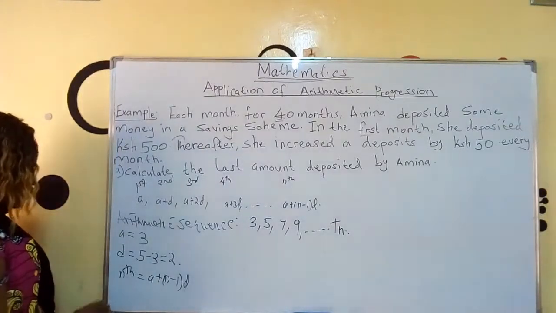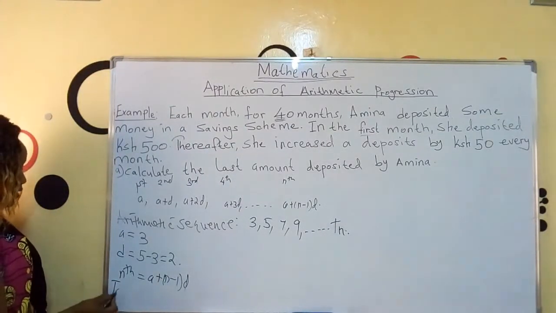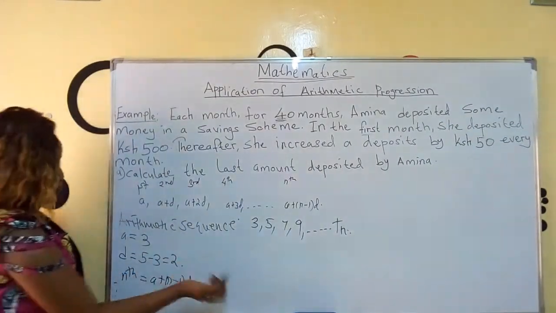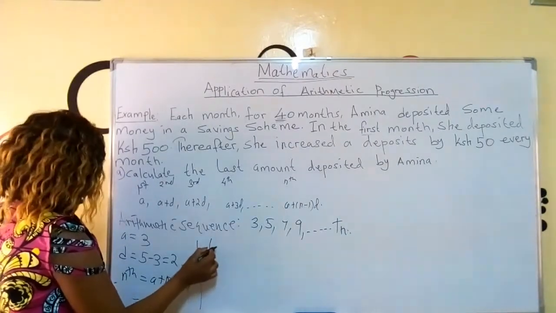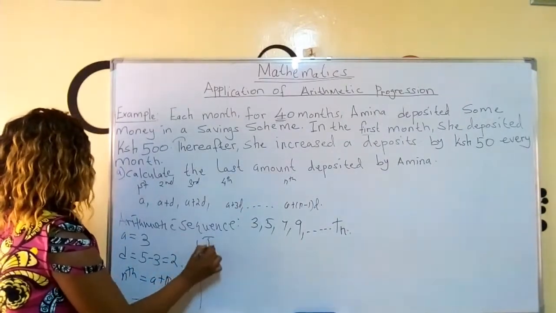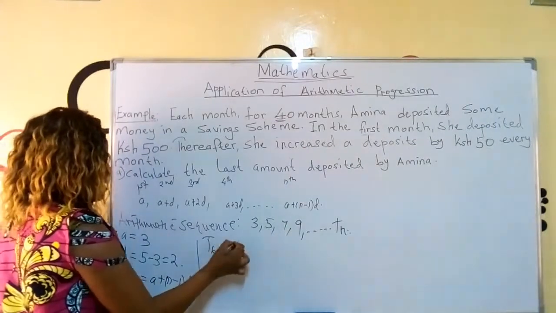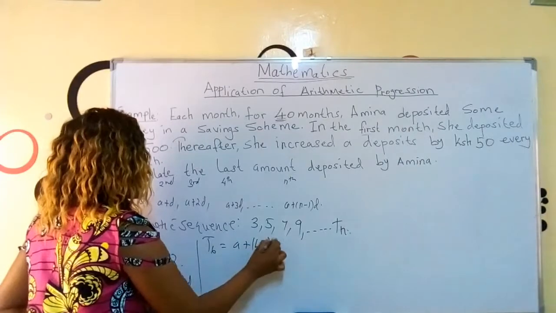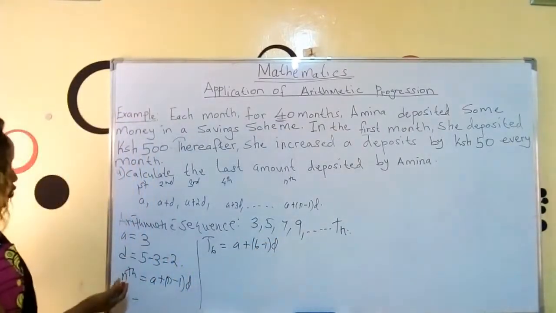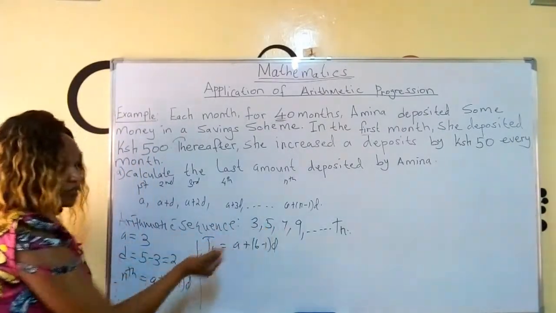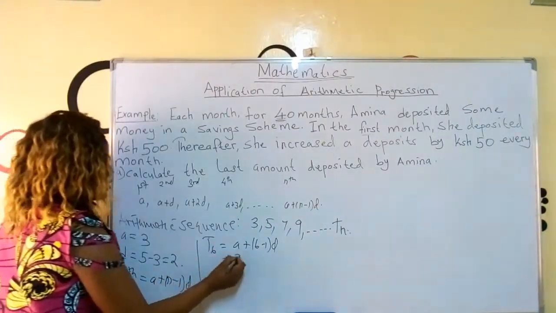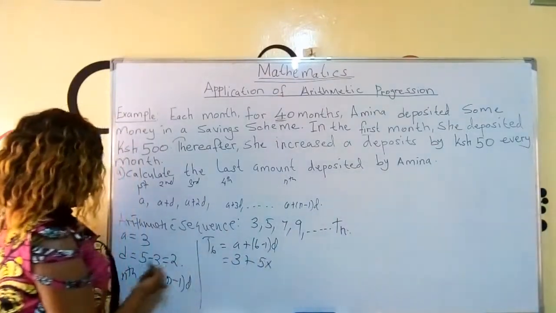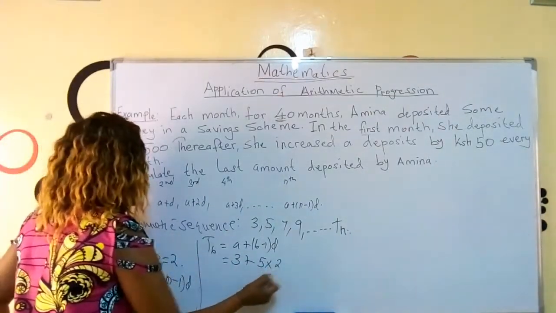In this case, if we want to get the sixth term, what does it mean? Then we shall have A plus n, which is now 6, minus 1 D. In this sequence, A is 3, then 6 minus 1 is 5, we multiply by D, and D in this case is 2.